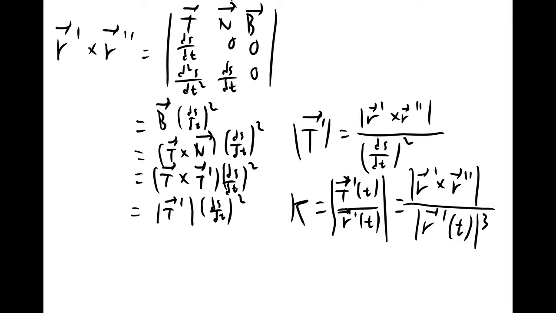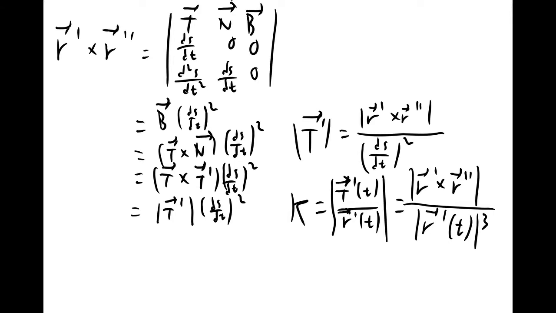B can be turned into T cross N, and N into T'. And since the absolute value of T is equal to 1, the equation becomes r' cross r'' is equal to the absolute value of T' times (ds/dt) squared.